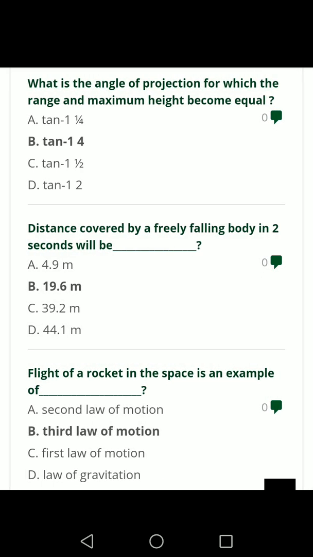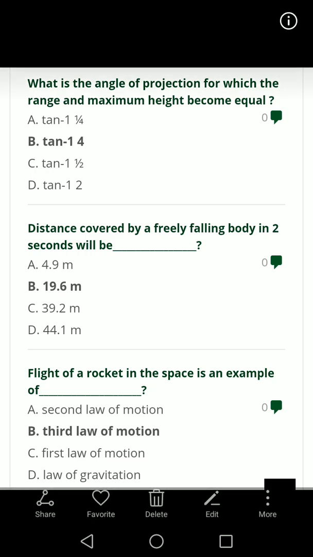What is the angle of projection for which the range and maximum height become equal? Tan inverse 4. Distance covered by a freely falling body in 2 seconds will be 19.6 meters.